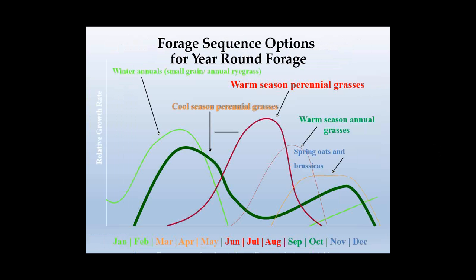Now, another thing that we have to deal with, no matter where you're located in the U.S., is year-round forage availability. And what are our options? So oftentimes we're taught to look at forage sequence options using mixes in our pastures of cool and warm season perennials and then cool and warm season annuals.